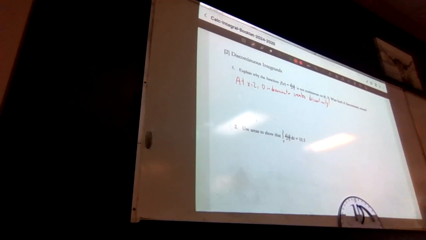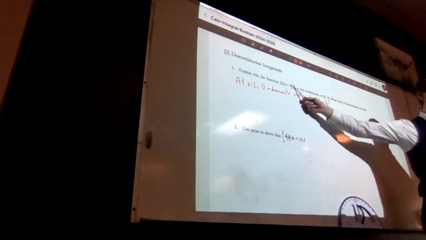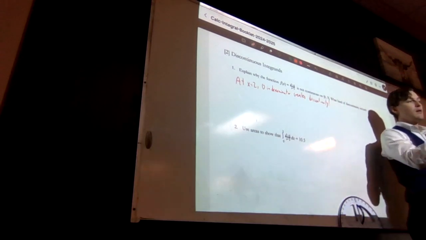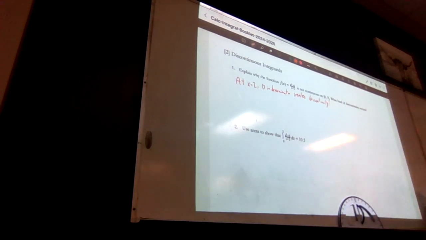Very good. If you all look at this up here, we get x squared minus 4. How can I factor x squared minus 4? That becomes x plus 2, x minus 2. So parentheses, x plus 2, parentheses, x minus 2, all over x minus 2.